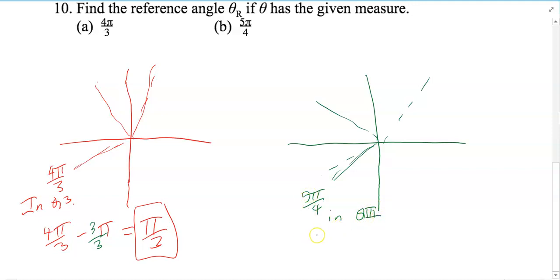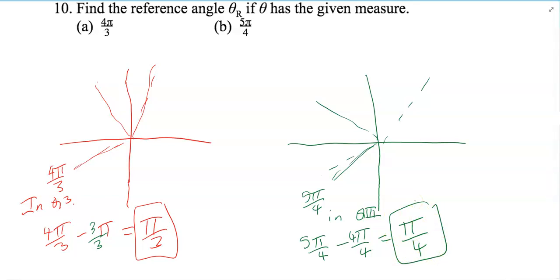So we want to subtract pi from 5 pi over 4, and that will give us pi over 4. Pi over 4 is our answer. So the reference angle for 5 pi over 4 will be pi over 4.